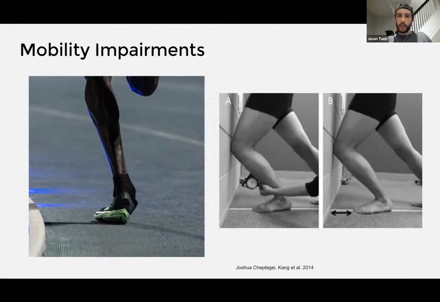The other thing that falls into this category is muscle flexibility deficits of one or more major muscle groups in the leg. And the reason I don't put too much stock into that when it comes specifically to running is because running is a sport that doesn't require large end range mobility. Most of the time when we're running, our joints are mid to early range. There's not a lot of end range flexibility that has to happen.